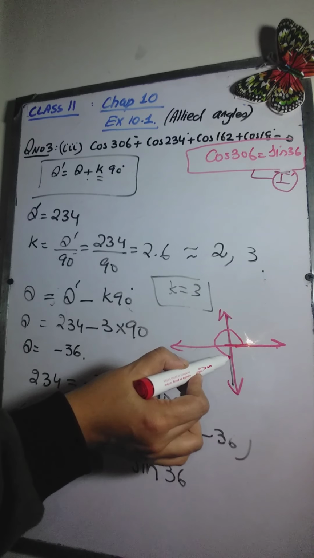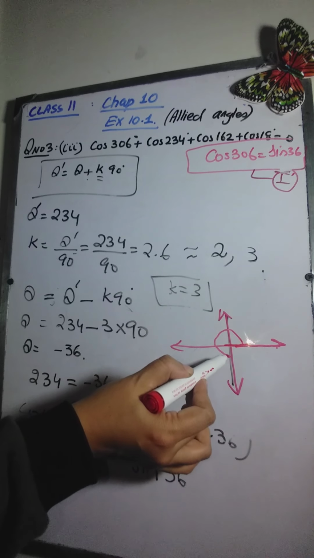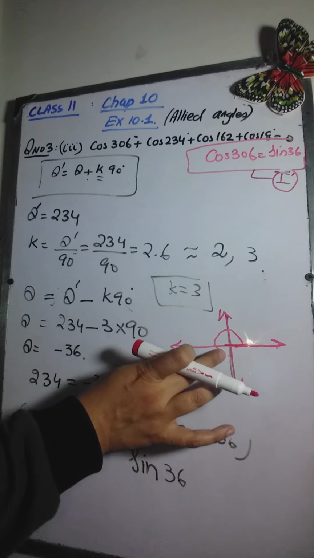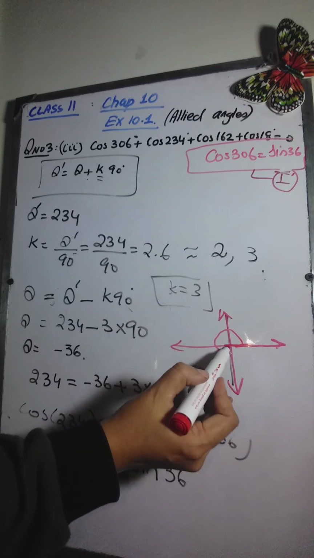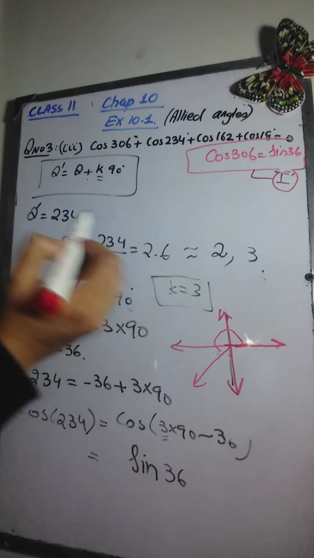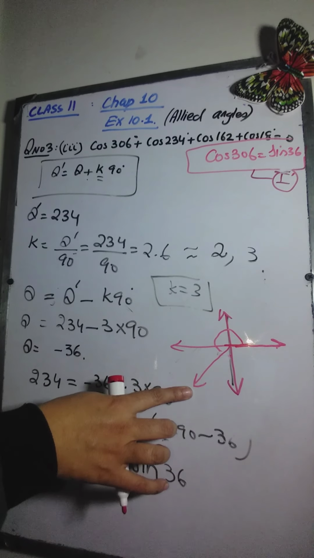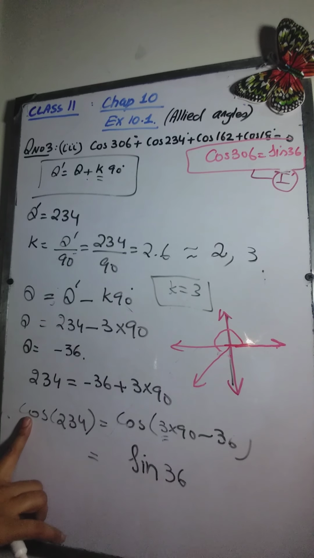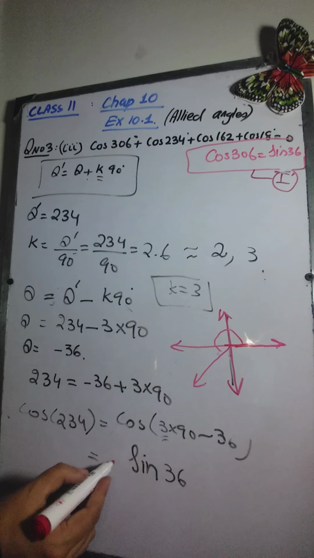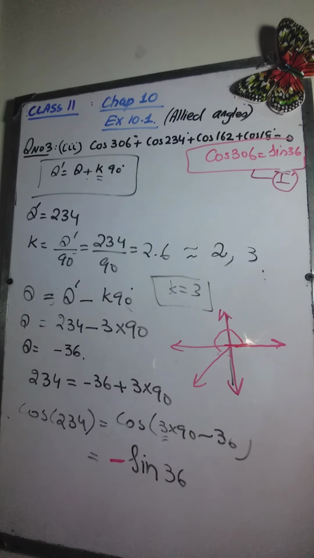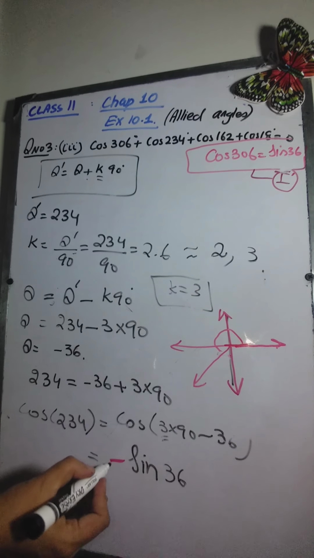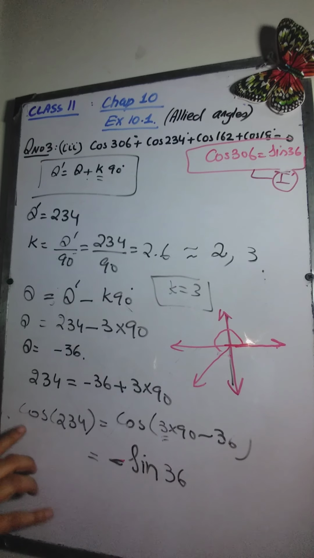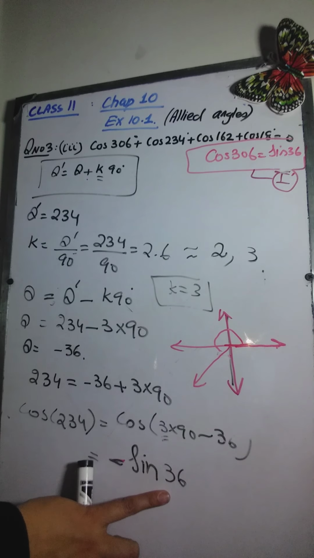Minus 36 means that something is subtracted from 3 times 90. If you subtract something from this angle, obviously this angle will lie in the third quadrant. As it lies in the third quadrant, cos is always negative in the third quadrant. So we are going to put a negative sign over here. It means cos of 234 is negative sine of 36.